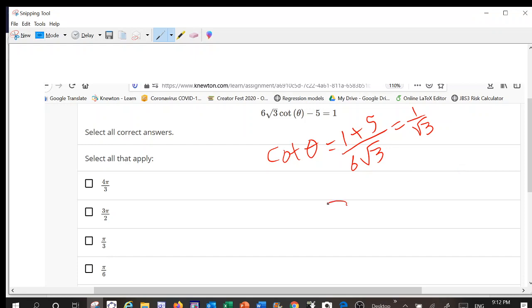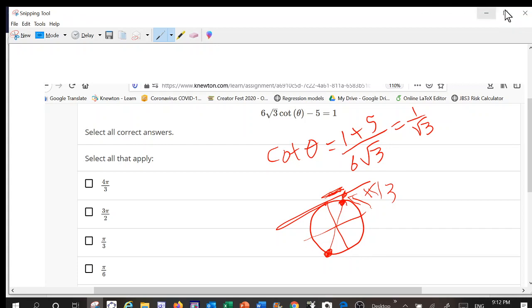So now if you think of, again, that axis, 1 over square root of 3 is about right somewhere here. So this distance here is 1 over square root of 3. So that's the angle. That's pi over 3. Now, there is of course another one right here, which is pi over 3 plus pi.